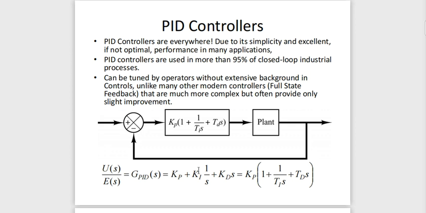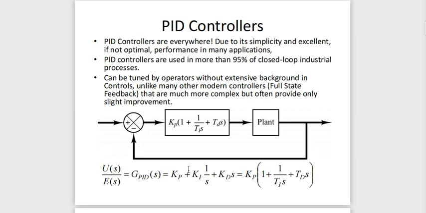It's possible to change the value of these constants Kp, Ki and Kd. We need to improve the steady state or transient response of the system. If we need to improve the steady state response, we can change the value of Ki. To improve the transient performance, we can change the value of Kd.